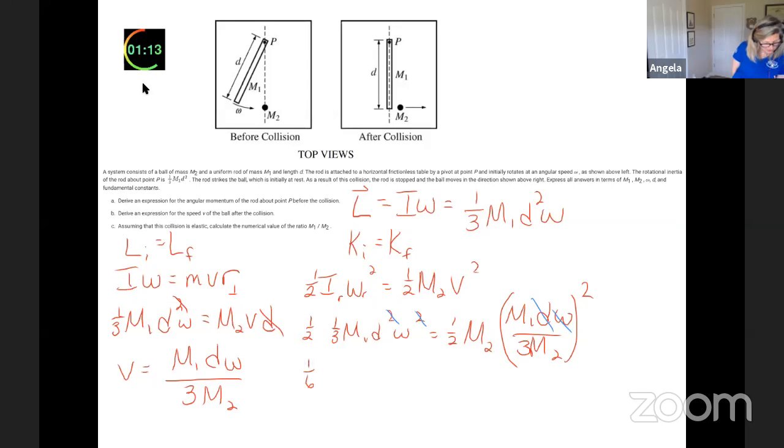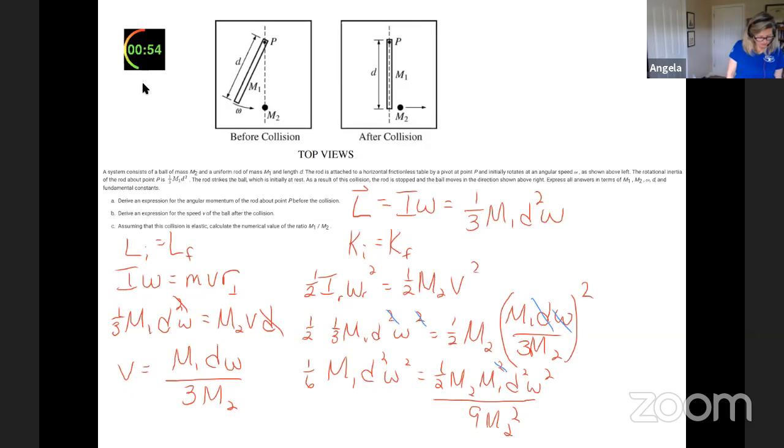So it would be 1/6 m1 d squared omega squared is equal to 1/2 m2 m1 squared d squared omega squared over 9m2 squared. Okay, now let's do a little canceling. One of the m1s, the d squareds, the omega squareds, one of the m2s, and we're trying to get what? m1 over m2.